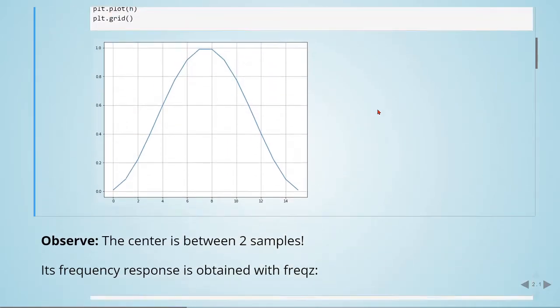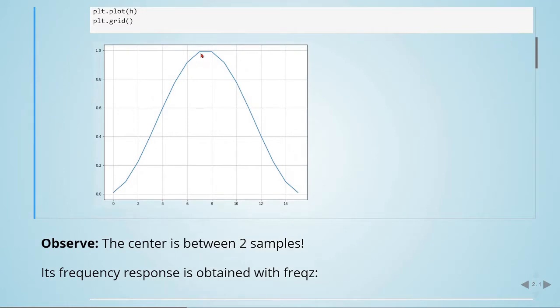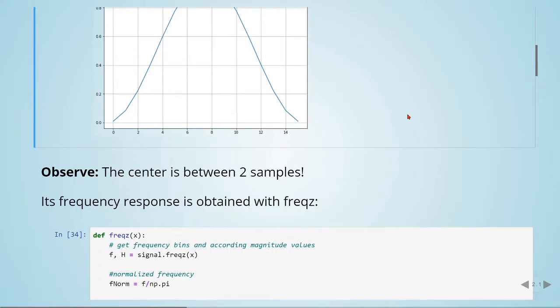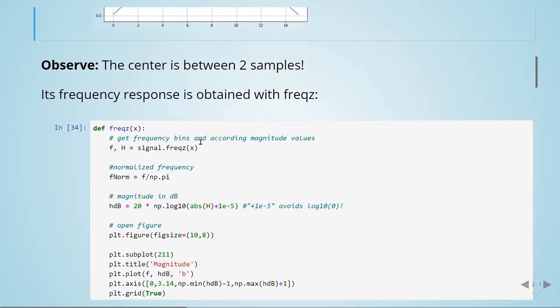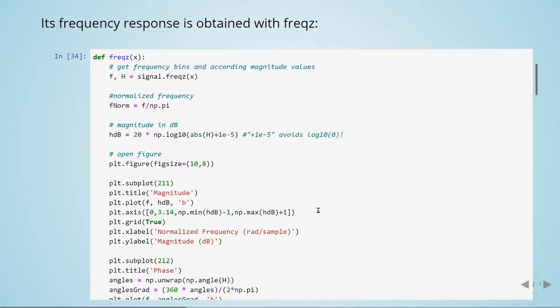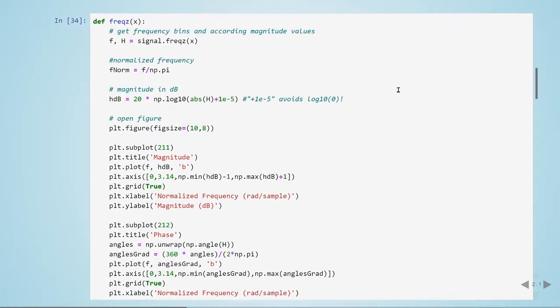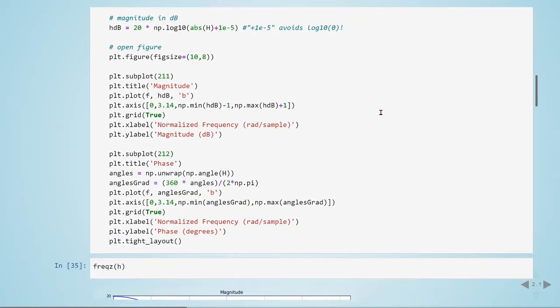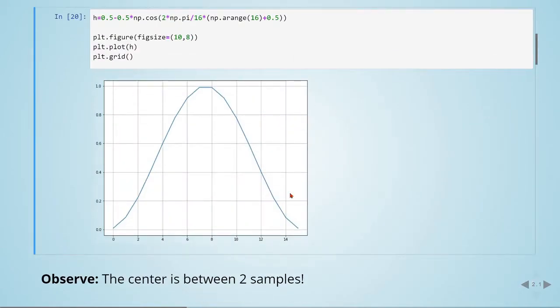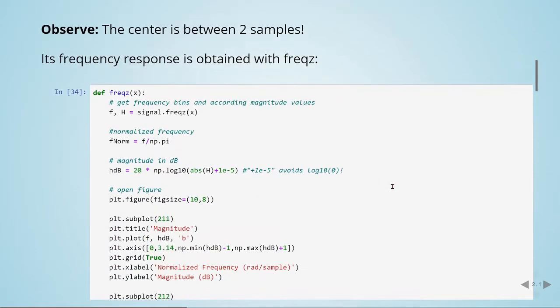So we observe that the center is in between two samples. We can obtain its frequency response with freqz. This time we're going to define a function just to plot the frequency response automatically, because we're going to analyze the frequency response of many different windows, so we don't need to write this all the time.